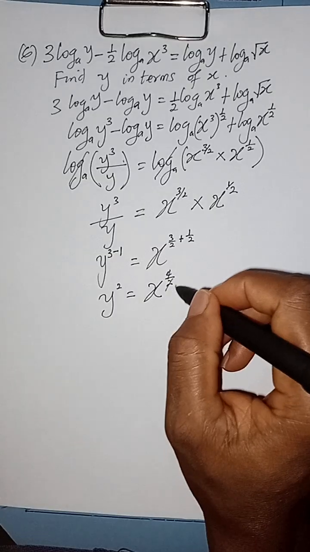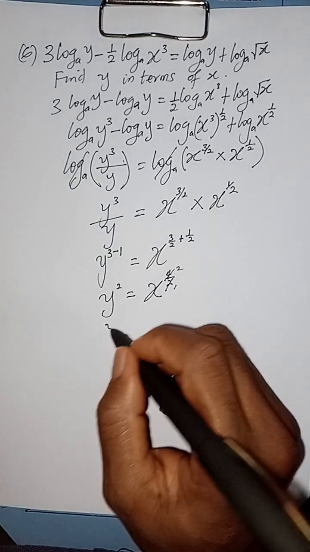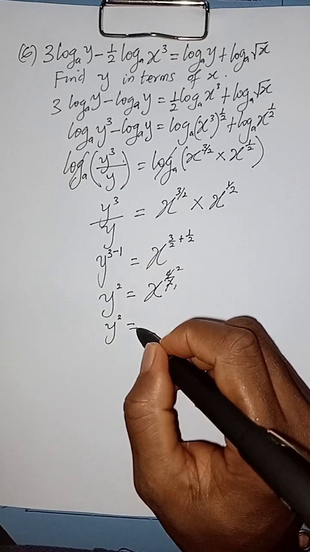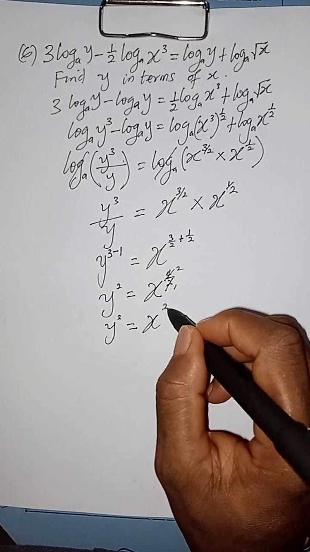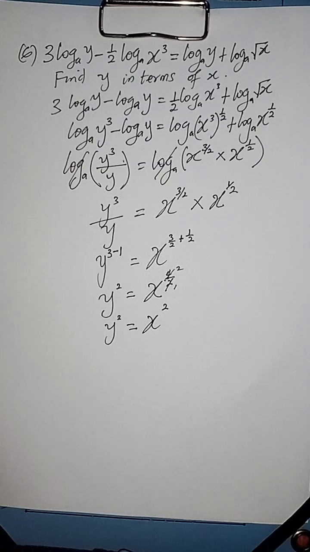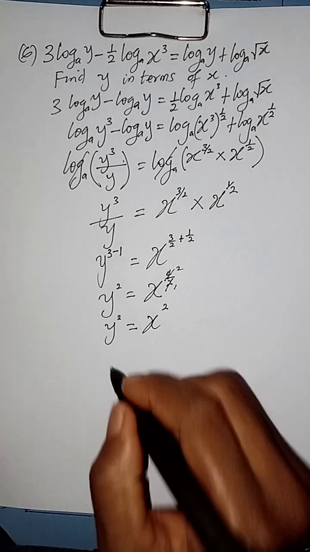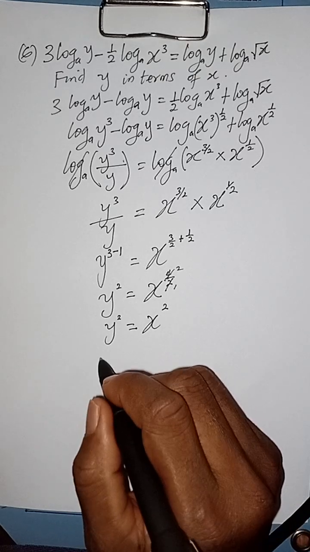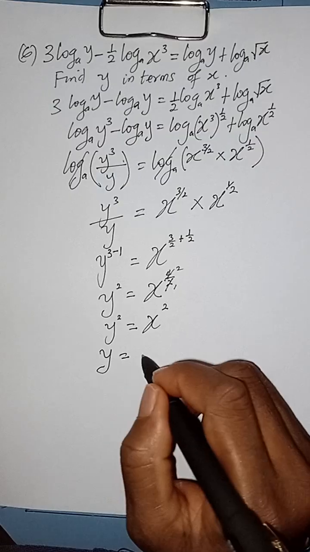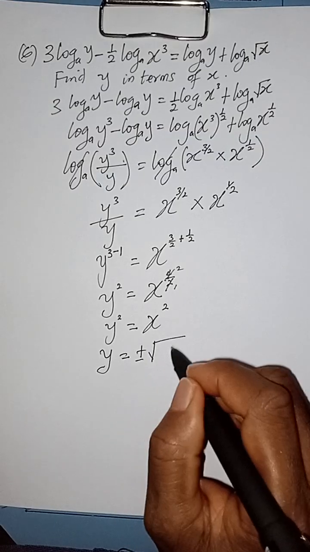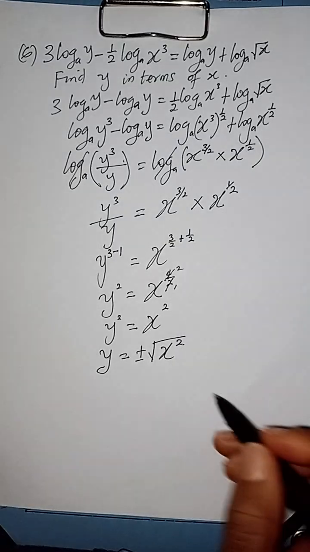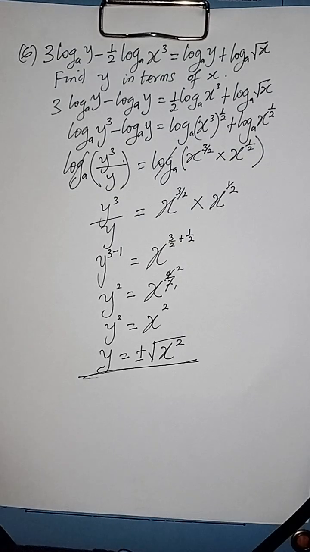So this 2 can cancel out, and so y raised to power 2 is equal to x raised to power 2. But now remember the question says find y in terms of x. So to get the value for y, we'll take the square root of both sides. If you do that, y will be equal to plus and minus square root of x raised to power 2. And that is the solution to the question.